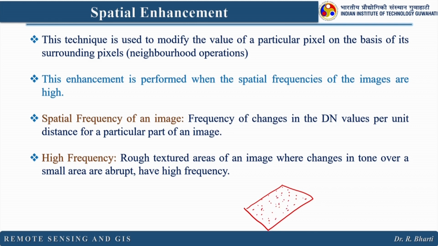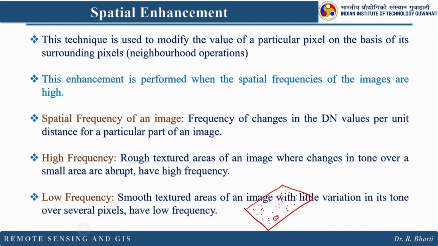Let us assume this is a Boolean image, 0 1 0 1 0 1, right? So here the frequencies are very high. And in case of a low frequency image, what happens? Smooth textured areas of an image with little variation in tone over several pixels have low frequency.